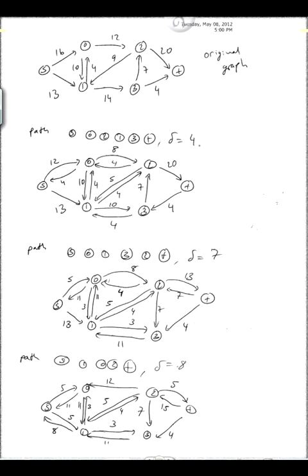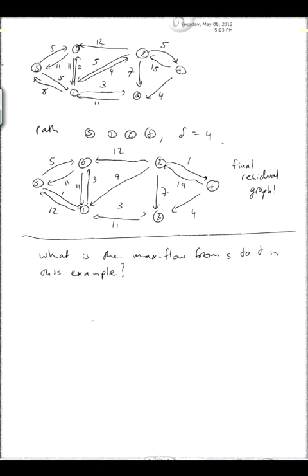So let's do that. So we have 4 plus 7 plus 8 plus 4, which gives us 23. So that's one way to figure out what the flow was, is just add the deltas.